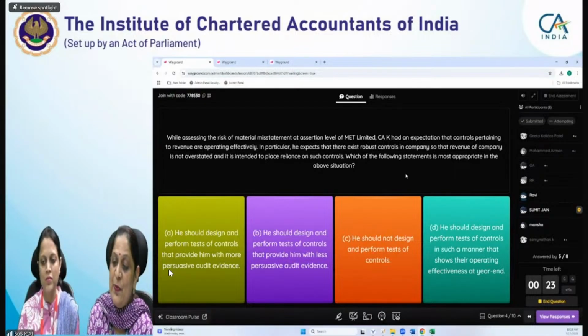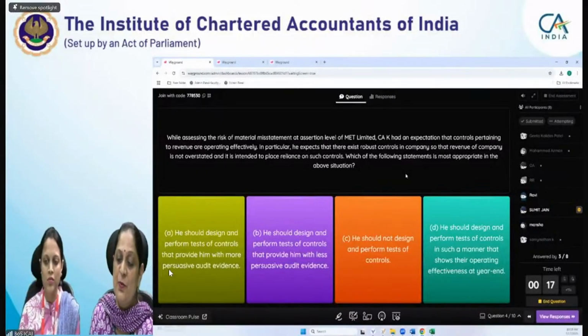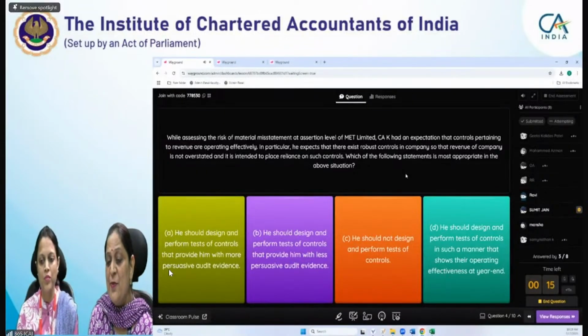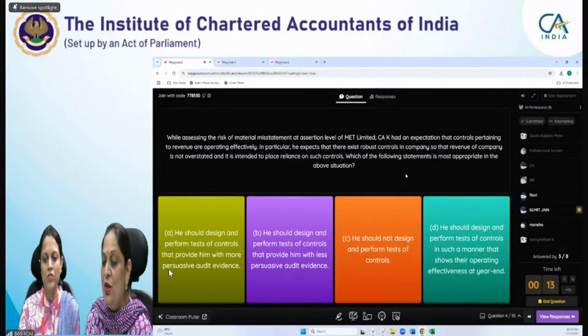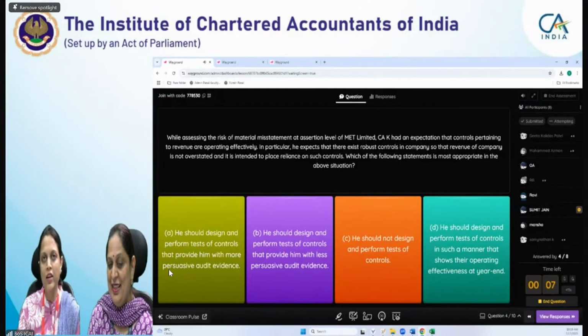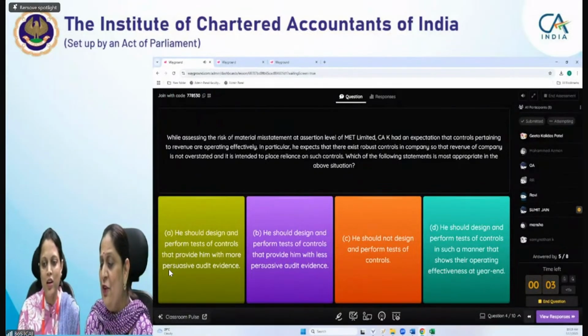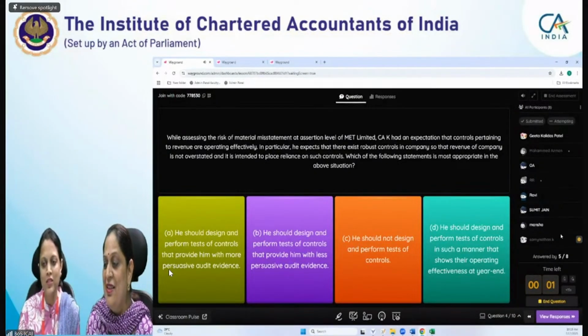CA K had an expectation that controls pertaining to revenue are operating effectively. He expects that robust control exists in the company, so revenue of the company is not overstated. Only 8 seconds are left. Answer fast. Till now, only a few students have answered, right?